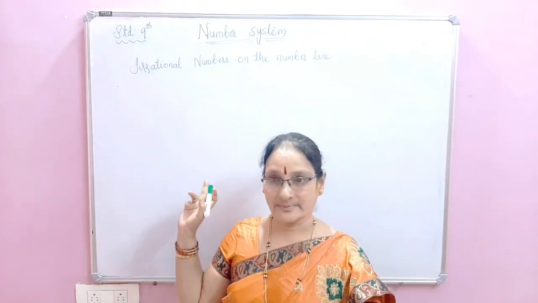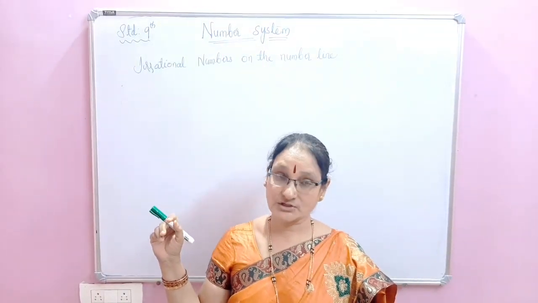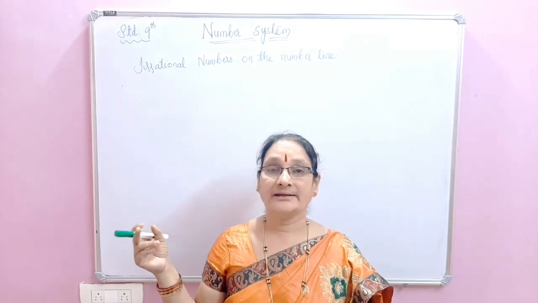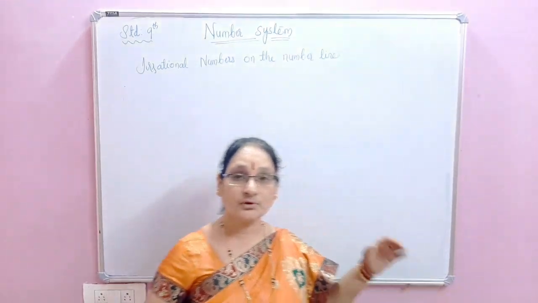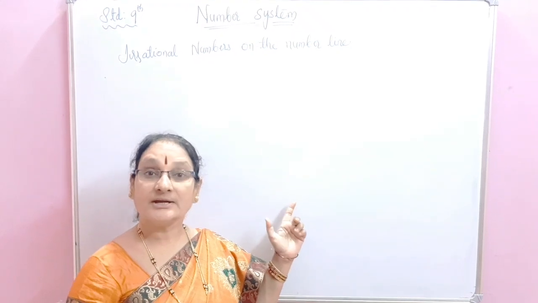In the chapter of number system, you have already learnt what natural numbers, whole numbers and integers are, and how to locate them on the number line. You also came to know what rational numbers are, along with the definition.